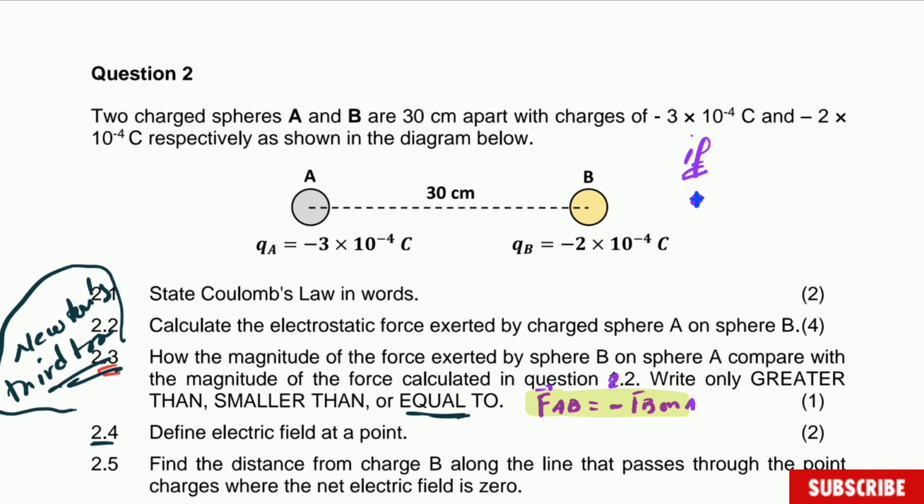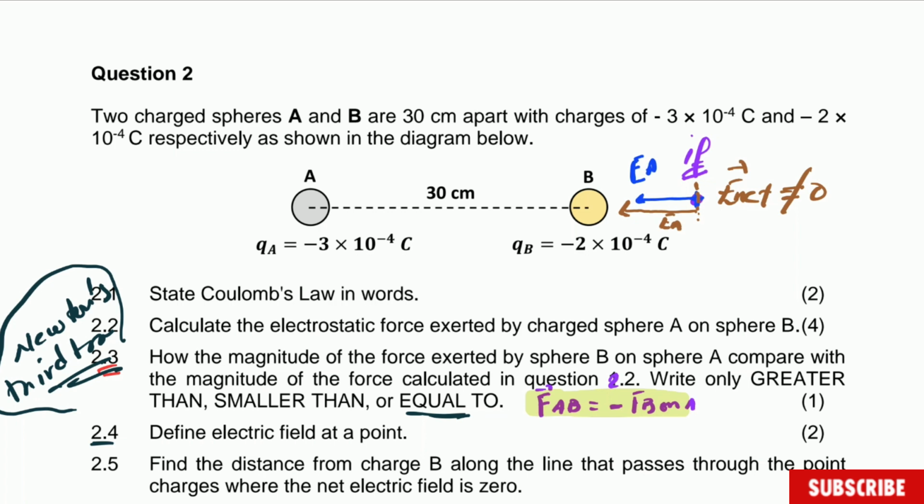A is going to pull towards itself like this. This will be the electric field due to A, and then B is also going to pull towards itself. This is the electric field due to B. So the net electric field at this point cannot be 0, because it will be pointing to the left.